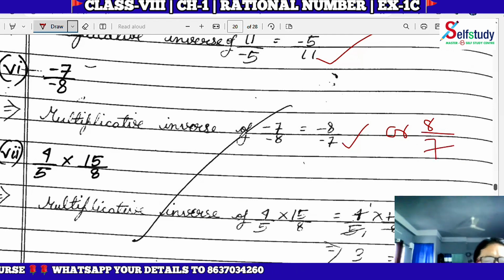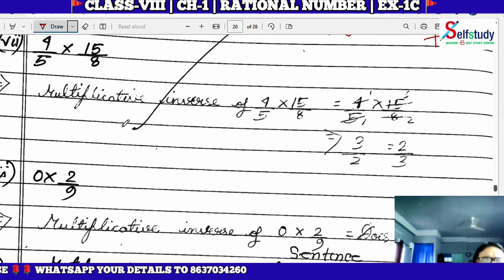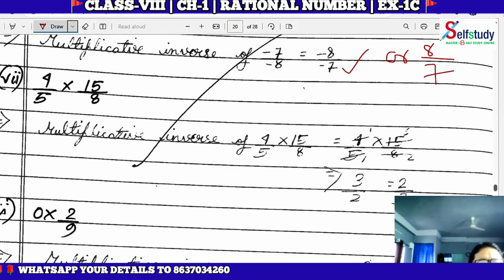This depends on the situation. 4 by 5 into 15 upon 8, so its answer will be this. Denominator will go up and the numerator will come down, and after that you can simplify, so its answer is 2 upon 3. And before also you can simplify, so first it is simplified here. 4 by 5 into 15 by 8 will come 3 upon 2, so 2 by 3 you write the answer, or you can write just this also.